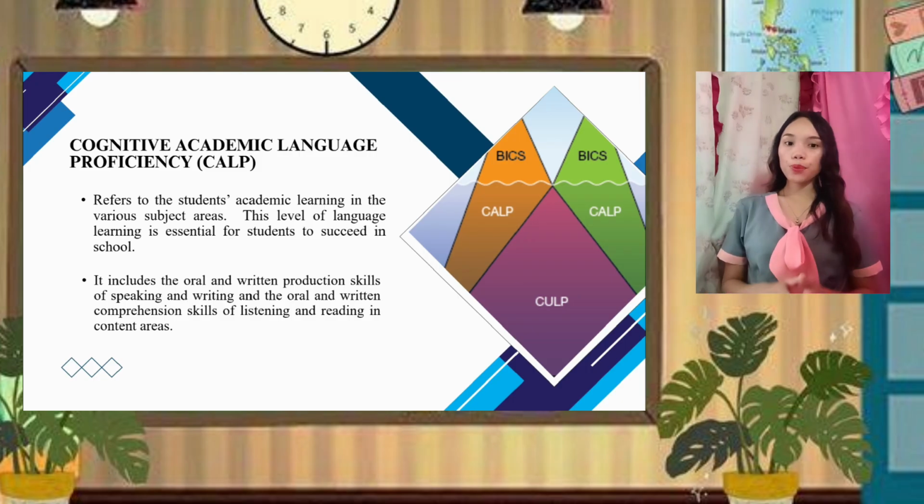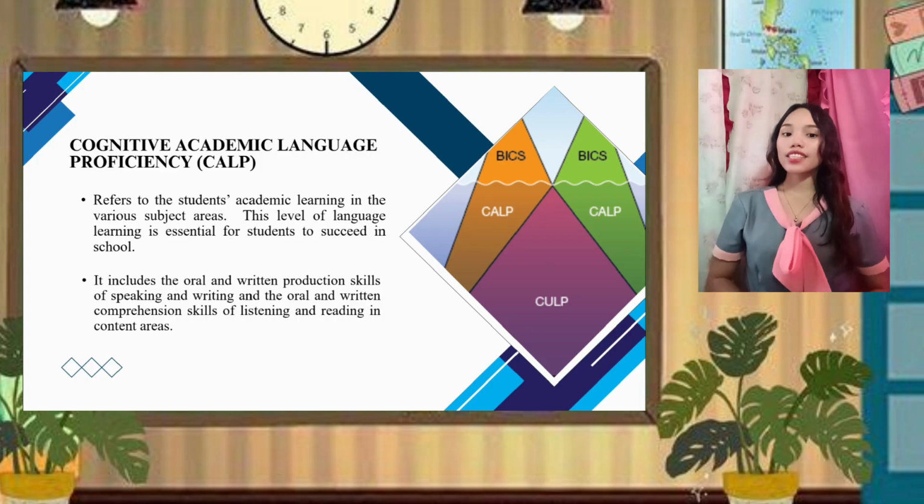In the picture presented, cognitive academic language proficiency is a highly specialized and cognitively demanding academic language used in the classroom setting. This academic proficiency takes a much longer time to develop in second language learners, generally 5 to 8 years.